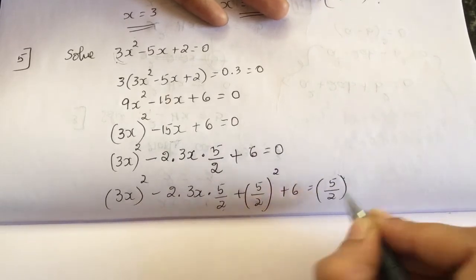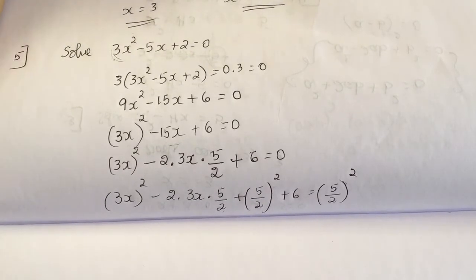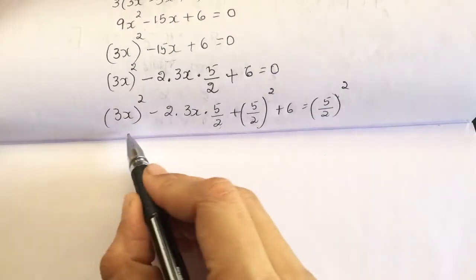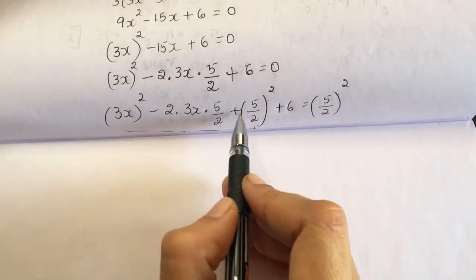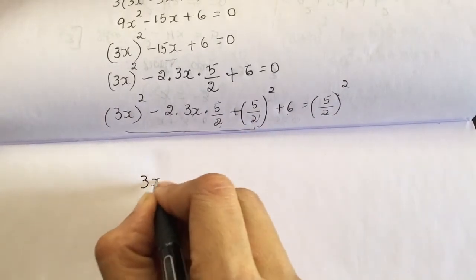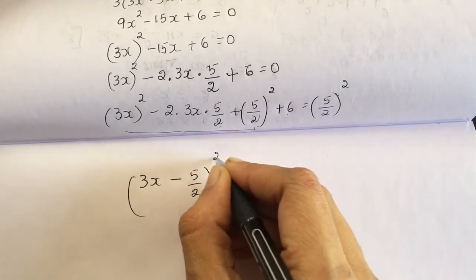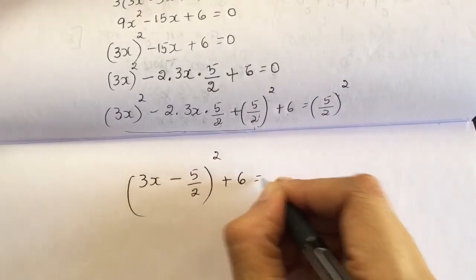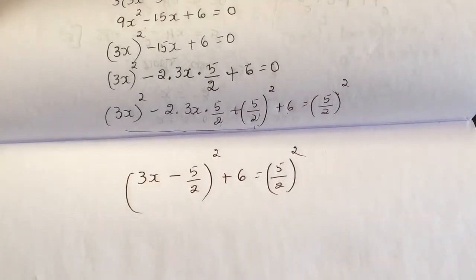Or I'll just subtract and add 5 by 2 whole square. Value won't change. Now this whole thing is a square minus 2ab plus b square. This I'm keeping it as it is, okay? That's 3x minus 5 by 2 whole square plus 6 equal to 5 by 2 whole square.